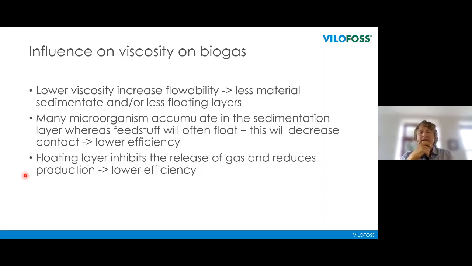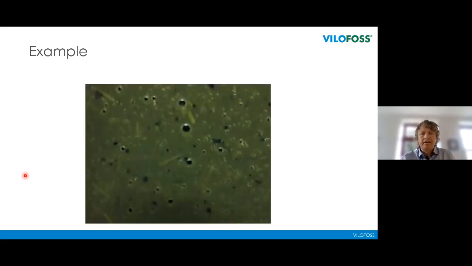Another thing is that if you have a very high viscosity or a floating layer, then it's more difficult for the gas and the methane to get released, and that will reduce the production, and you'll have a lower efficiency. Here is a common example on a photo. You have a picture of some slurry, and what you can see here is gas in the bubbles.